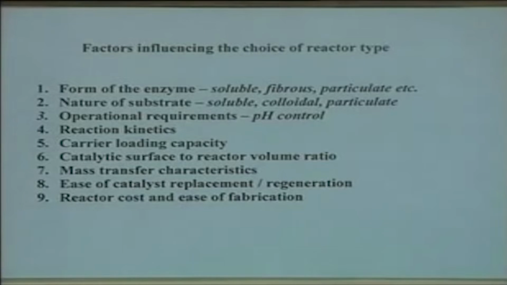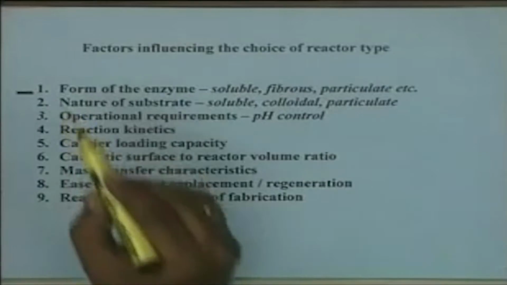Now, I think all these factors that I have listed here you can consider mainly under two categories. One category is the factors which become fixed once an immobilized enzyme is prepared. That means, the factors that essentially are dictated by the immobilized enzyme preparation itself. For example, form of the enzyme.